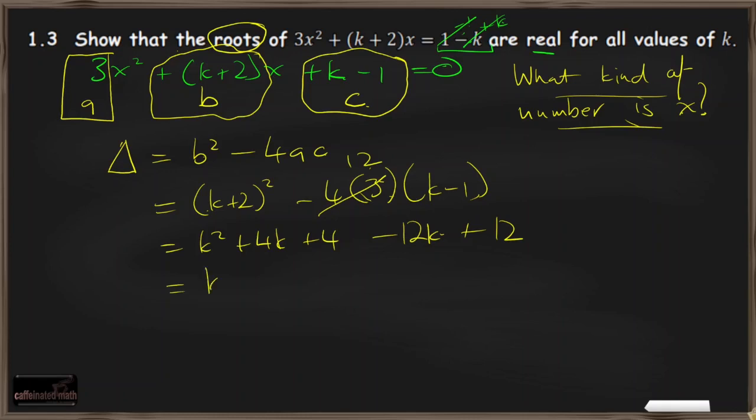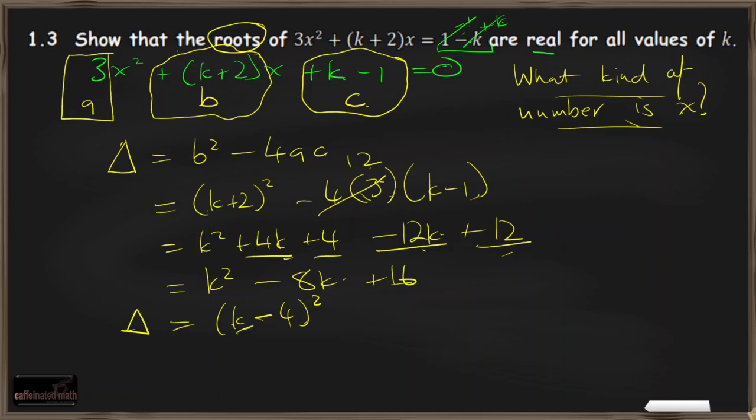Simplify this even further, so we'll have k squared minus 8k plus 16. And through the magic of factorization, we'll see that this is (k minus 4) all squared. So regardless of what real value you put into k, this number is going to end up squared.